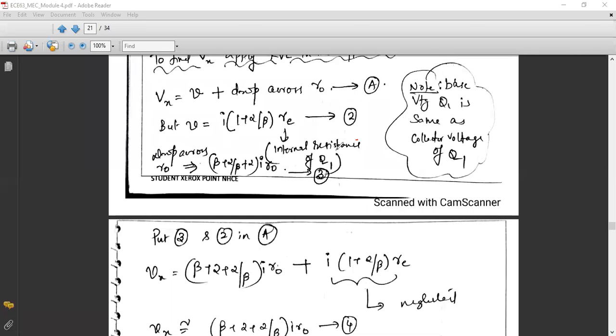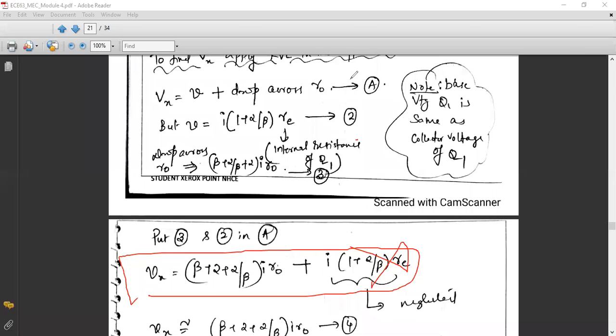So I have added these two equations together so that I got Vx. Now you observe this equation and tell me why I'm neglecting the second term. Why am I neglecting the second term?